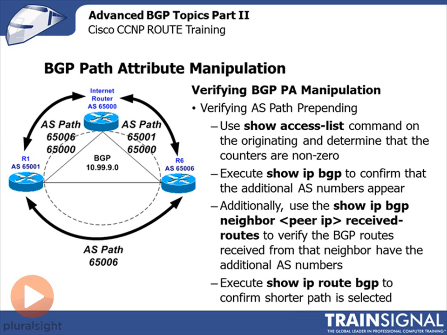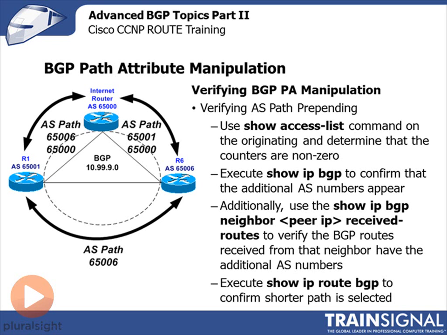To verify how these path attributes have been altered, you can use a number of different commands. Again, show access-list, remember, make sure it's non-zero. Show ip bgp. This is the easiest way to verify whether your AS path prepending, for example, is working correctly. You will see the additional autonomous system numbers.